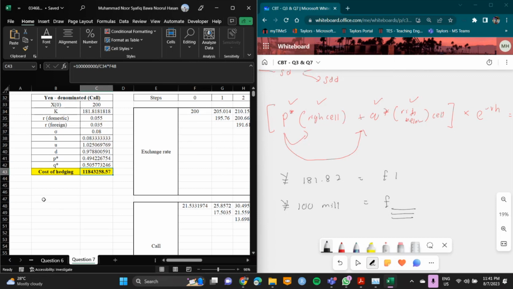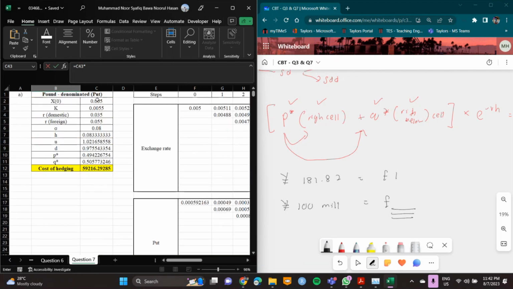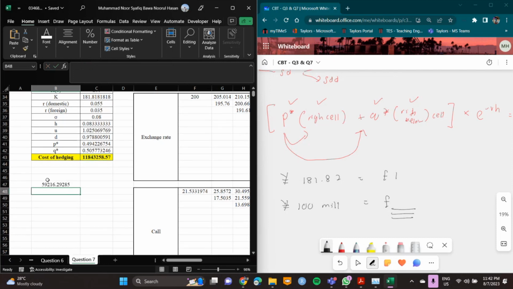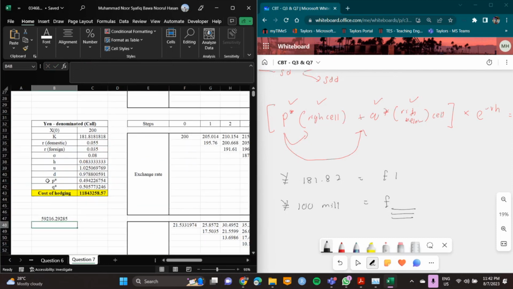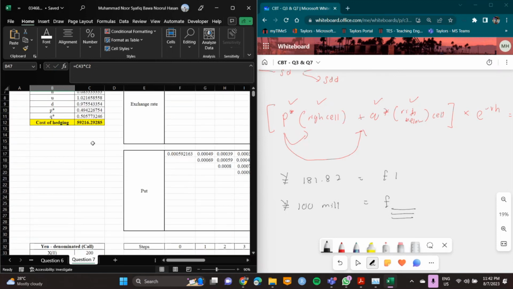If you want to check your final answer whether it's correct or not, you can take back your yen denominated times with the original, which is this X naught. So when you do that, eventually you will get your pound denominated cost of hedging.